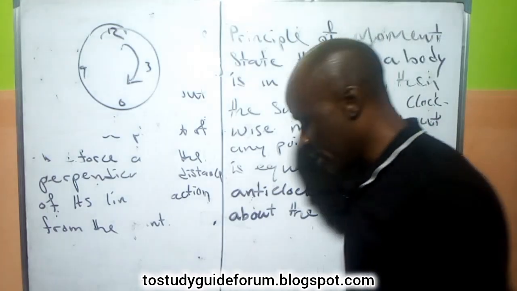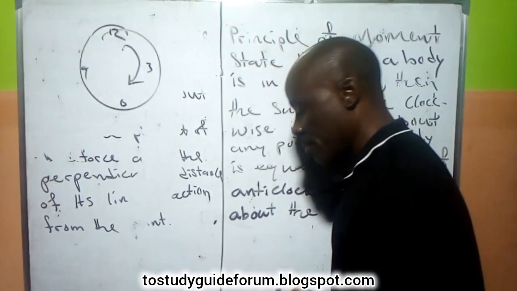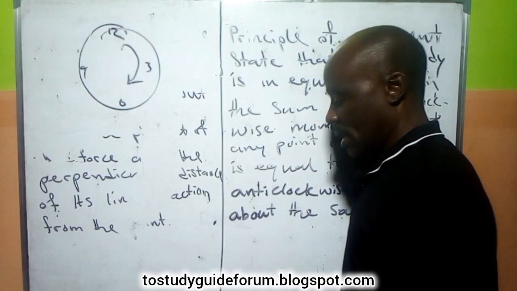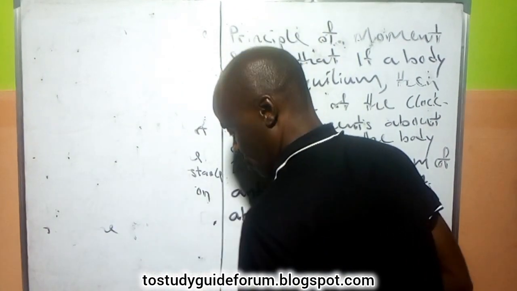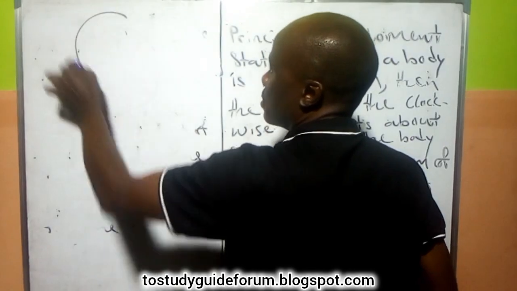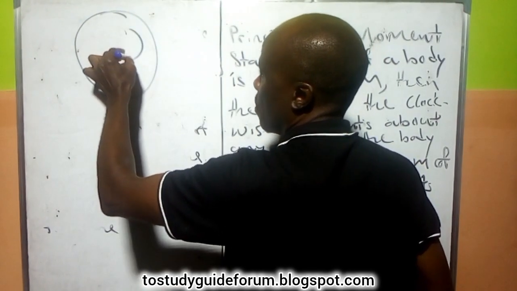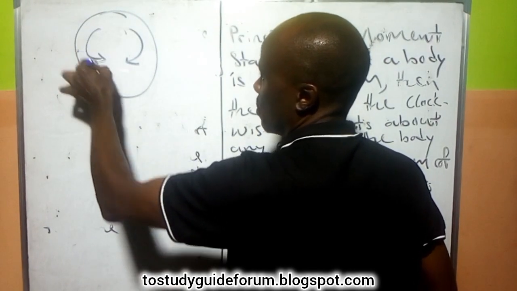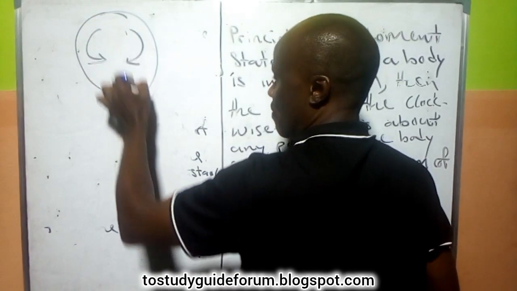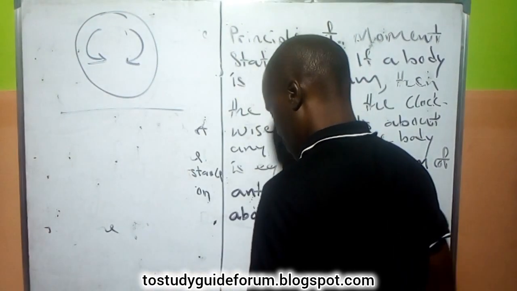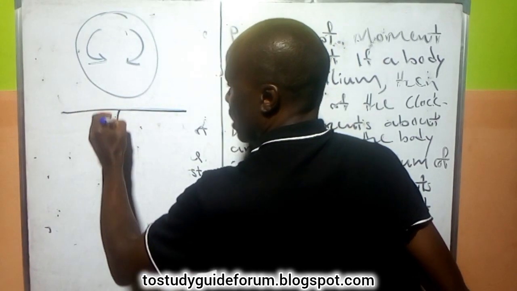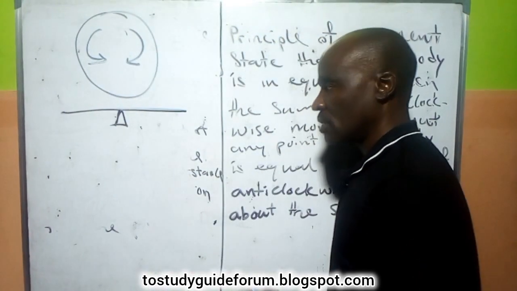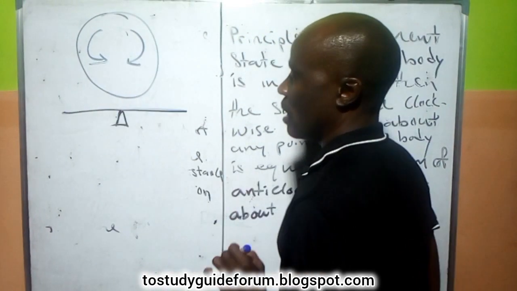When it's at equilibrium, it means that the body balances. Remember, we said this one is clockwise, another one is anti-clockwise, and we have a body.